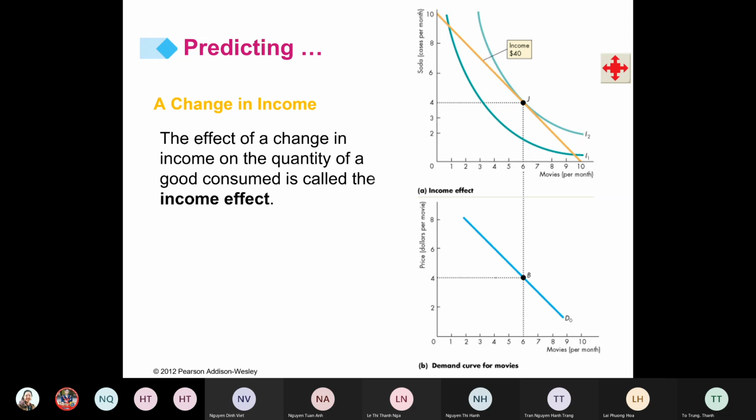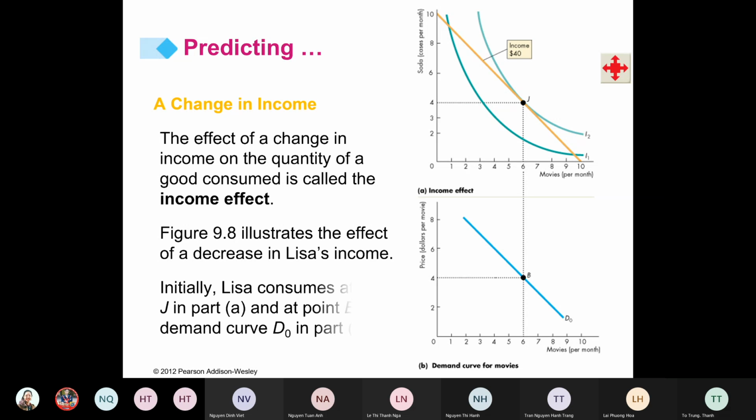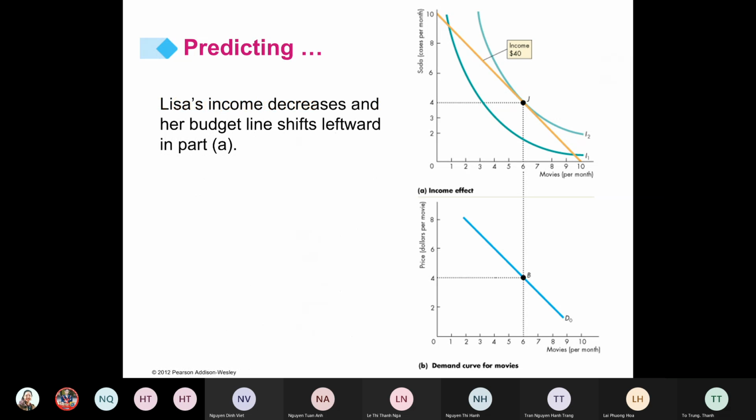Okay, so we suppose that there is some decline in Lisa's income given the price of movies and the price of sodas. And what we studied last week is that when income changes, the budget line shifts. Income decreases, the budget line shifts downwards or inwards.